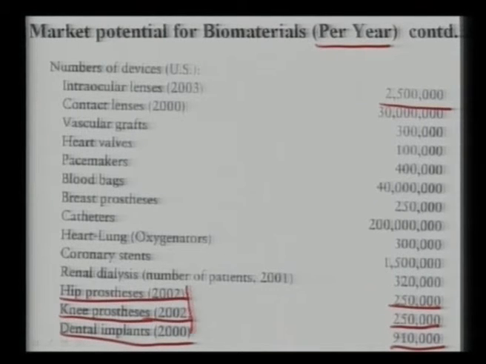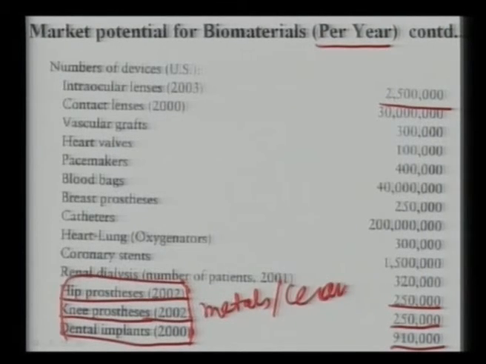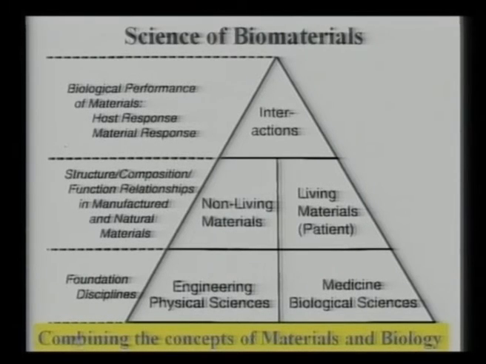Now these are materials used for load bearing applications, and different metals, ceramics or polymers are largely used for this kind of applications, which include hip and knee prostheses and dental implants. Now this slide is important, and I would like to spend some time on it.